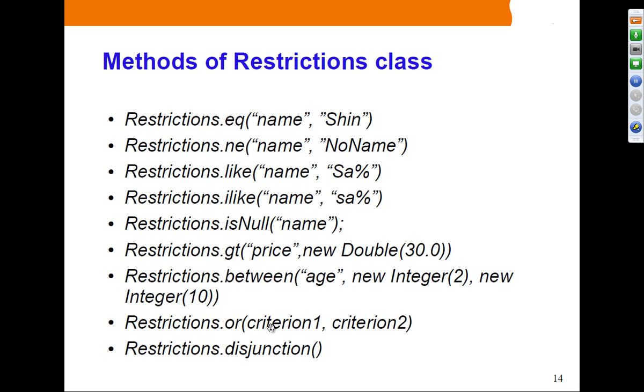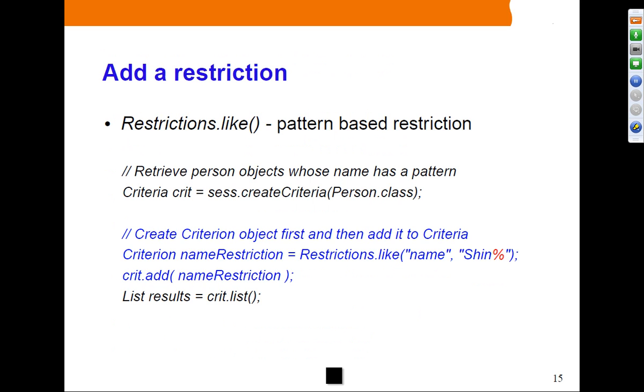And the OR. So this is actually returning what is called the criterion object. You can have two restrictions in an OR operation, and that's a disjunction. Yeah, that's the terminology I have to use.